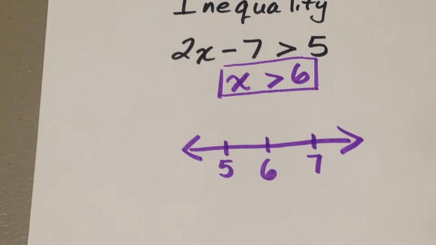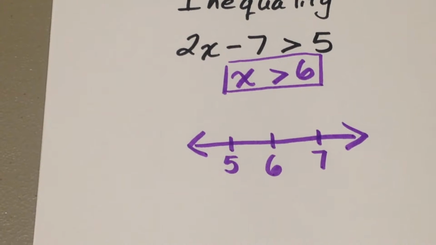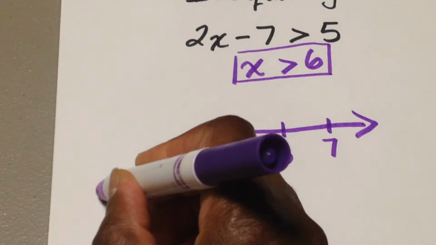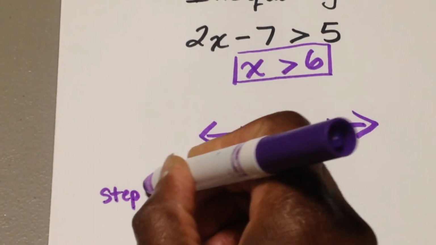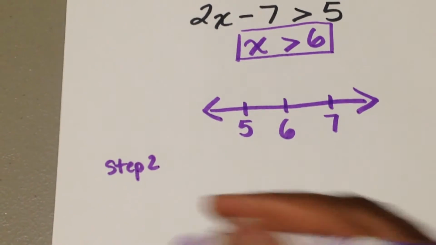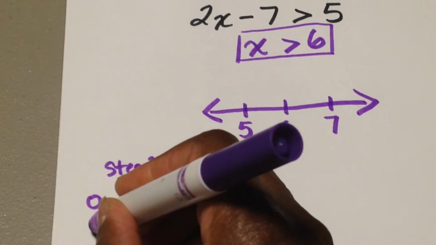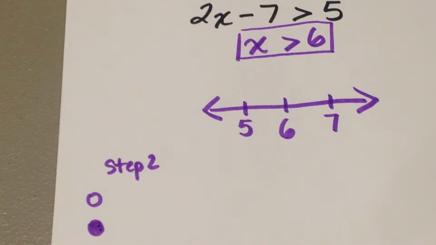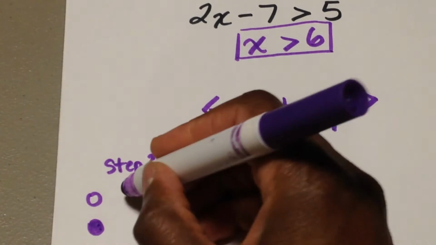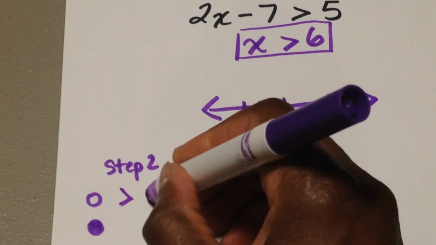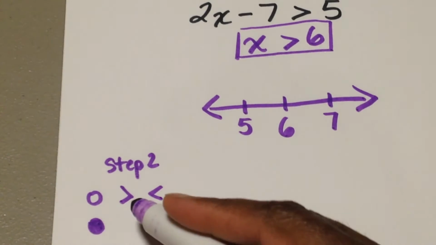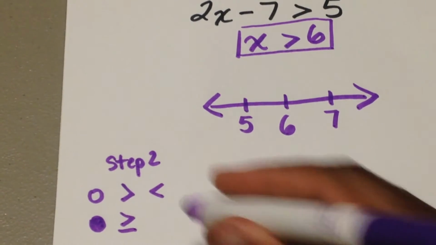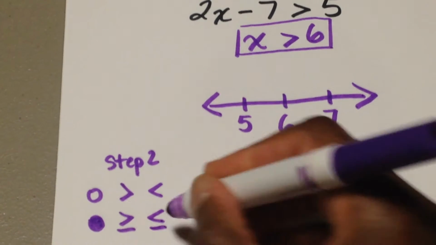Second step is we are going to use an open or closed circle. An open circle is used when you have the greater than or less than symbol, while the closed circle is used when you have a greater than or equal to symbol or a less than or equal to symbol.